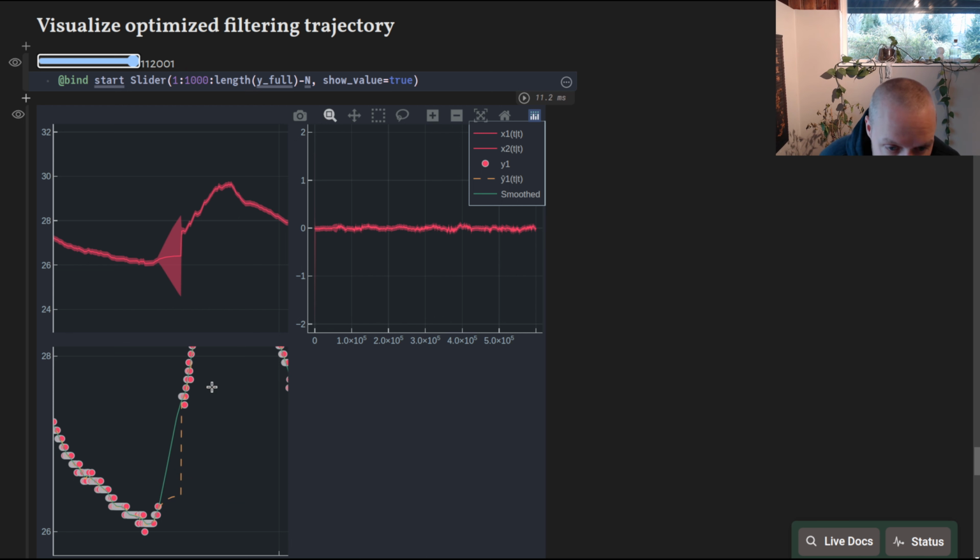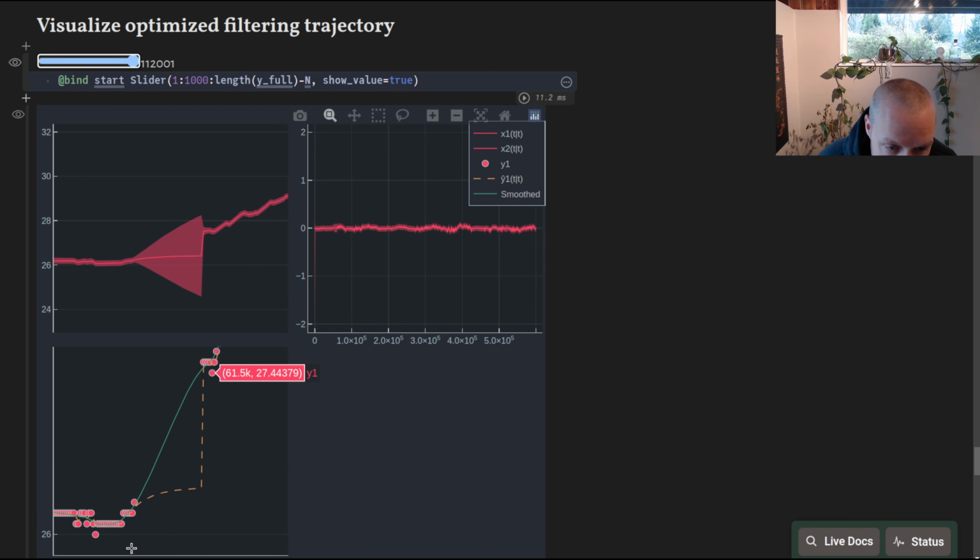And if we look at the predictions made by the filter in the dashed yellow line, we see that it extrapolates upwards, but then the velocity decays after a while, and it says, now I feel uncomfortable extrapolating too far, so let's keep the prediction constant. And then the new data point came, and it had to make a large correction.